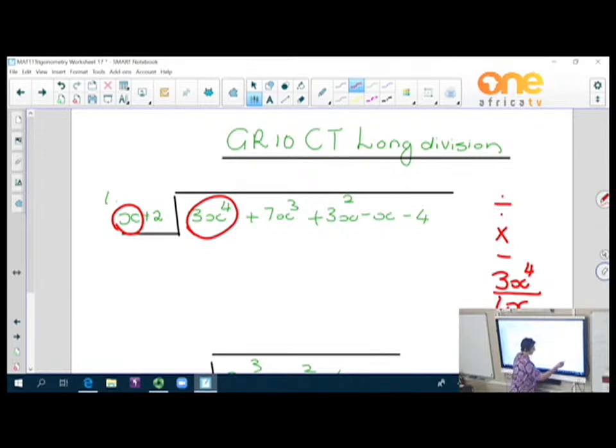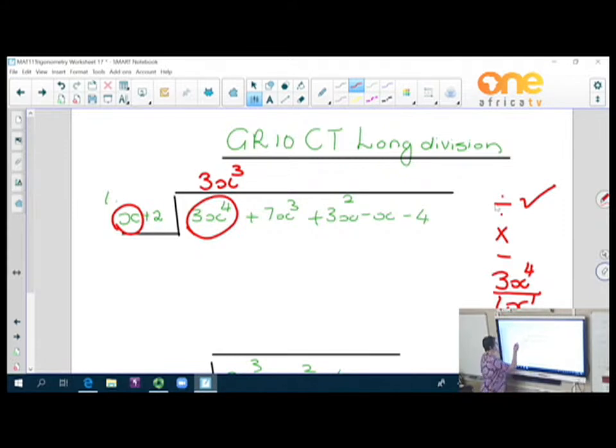This means 3 divided by 1 is 3. So it's sign, number, letter. And what do I do with my indices? I subtract my indices. You divide your numbers and you subtract the indices, which is then x to the power of 3. So now I've done that step.